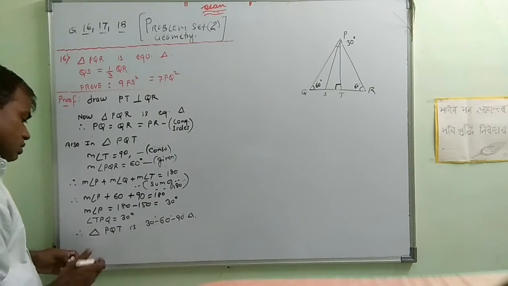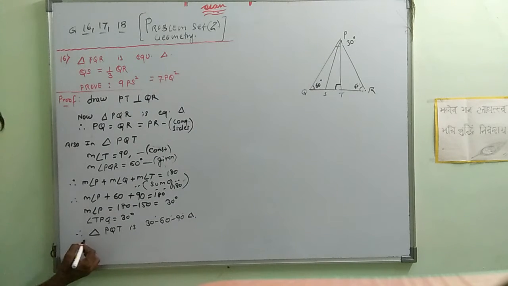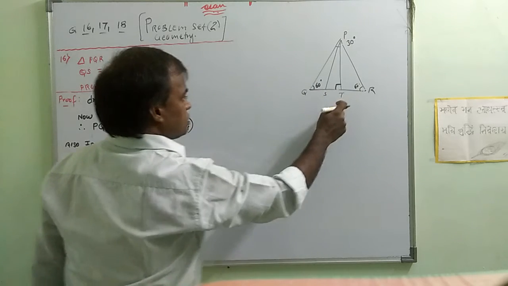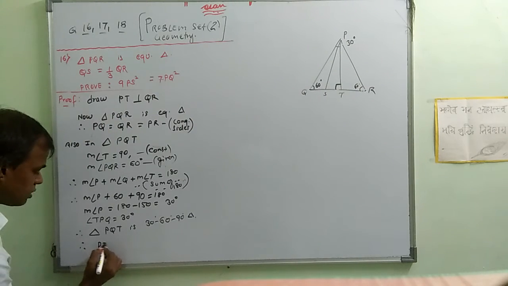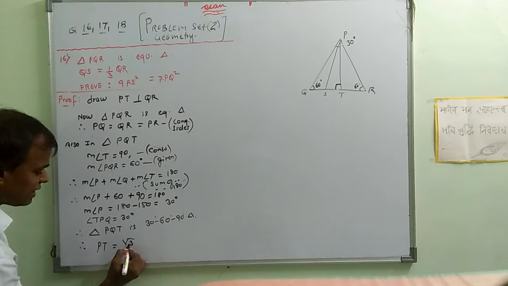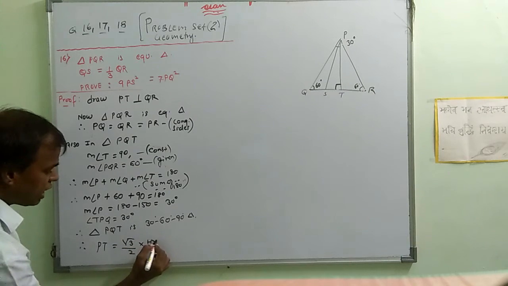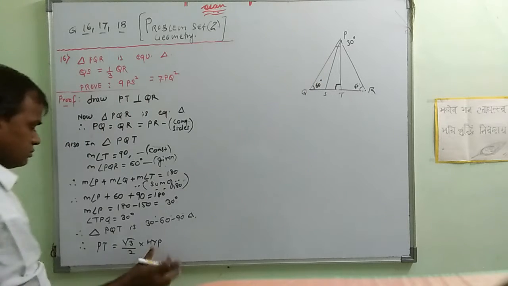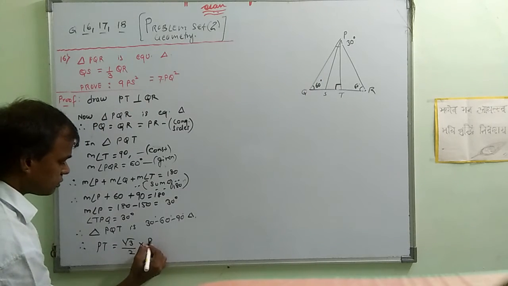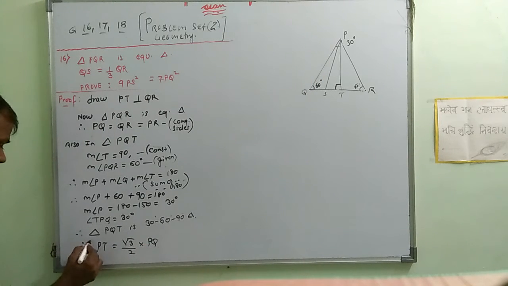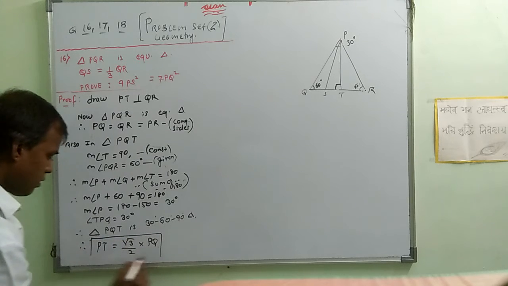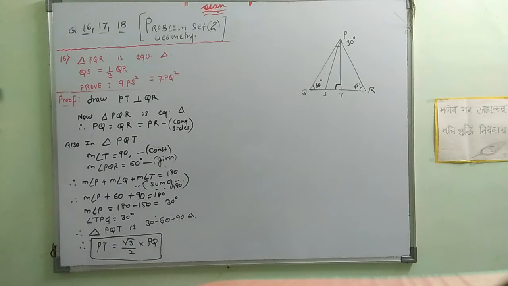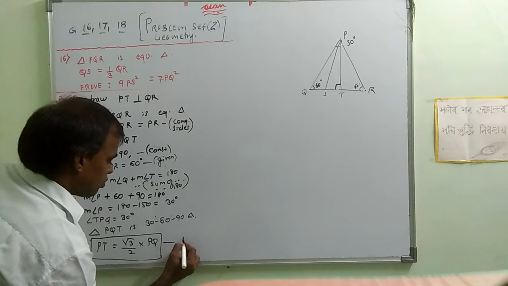Okay. So because of this property, what we can say, therefore, PT equals root 3 upon 2 into hypotenuse. Now what is the hypotenuse here? In this triangle, PQ. So we write PQ. Let this be equation 1.